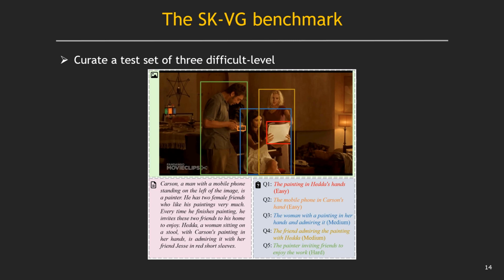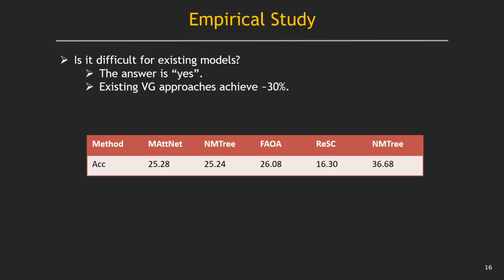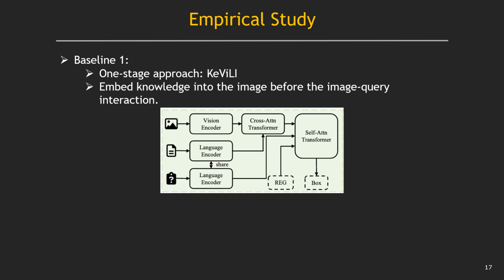Next, we conducted an empirical study on the SKVG benchmark. The question is, is it difficult for existing models? The answer is yes. Existing VG approaches, including one-stage and two-stage approaches, achieve around 16 to 36% accuracy. Next, we proposed simple baselines to further study the benchmark.